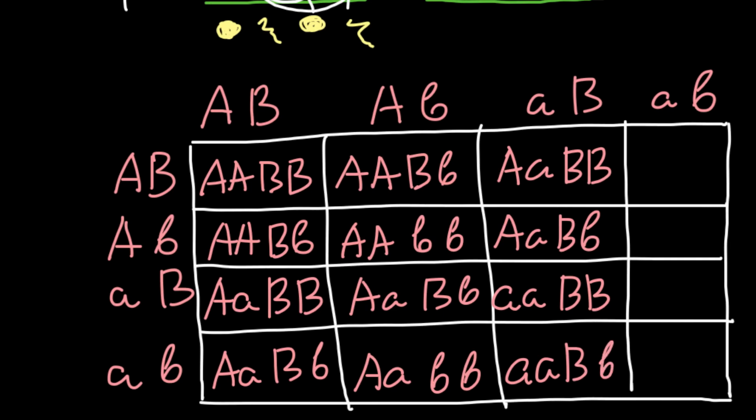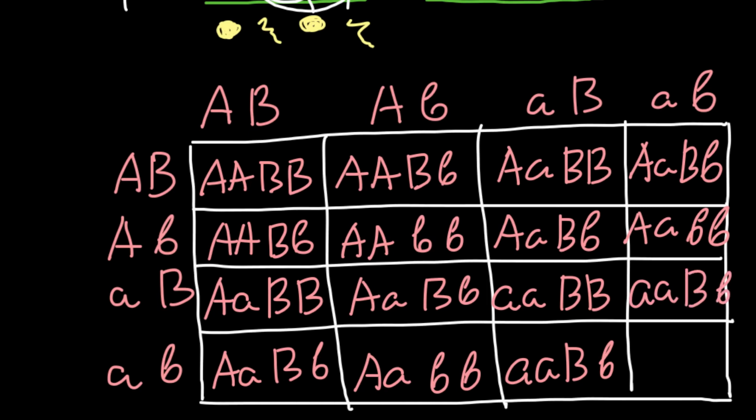The last column: capital A, small a, capital B, small b, capital A, small a, small b, and small a, capital B, small b, and small a, small b, small b.